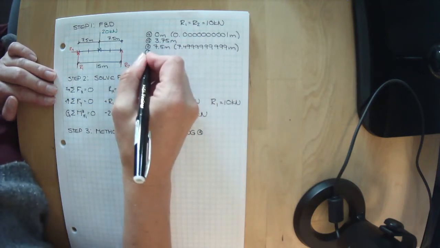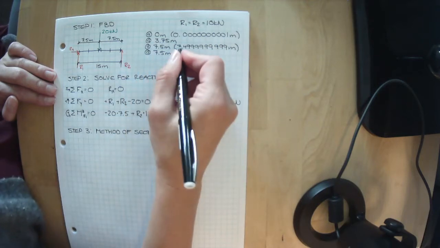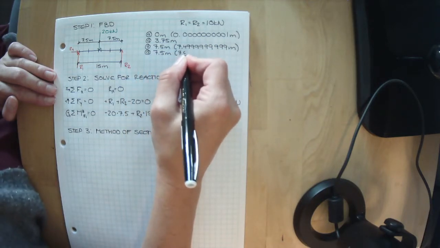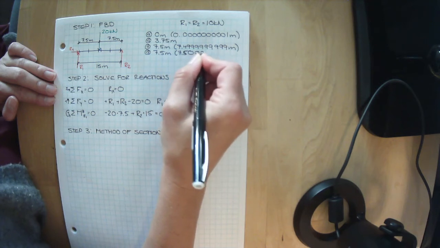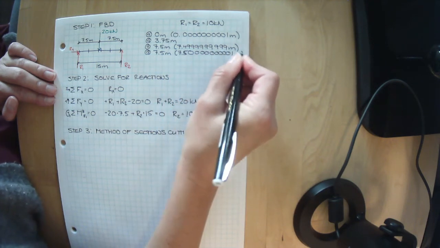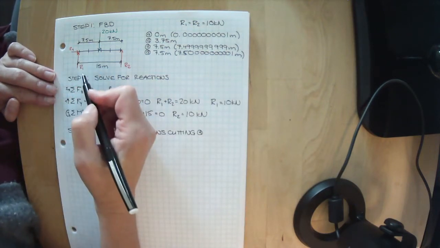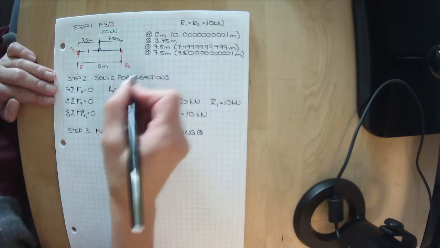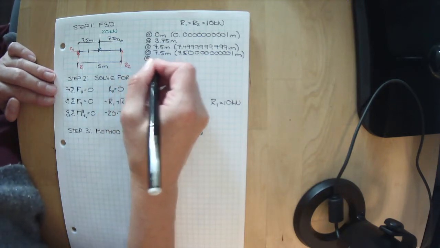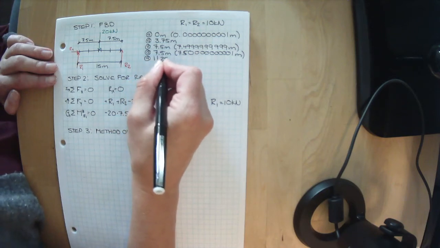And then let's cut it at 7.5 meters again, but I'm really saying let's cut it at 7.50000000001 meters. So just before the 20 kilonewtons is applied and just after the 20 kilonewtons is applied. I'm then saying let's cut it somewhere between these 2 points, at 11.25 meters.